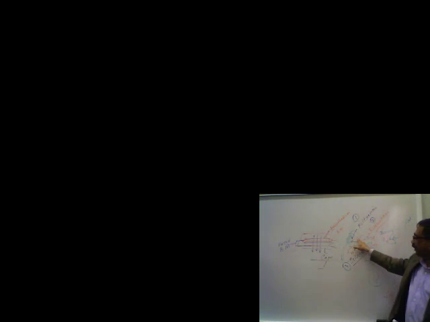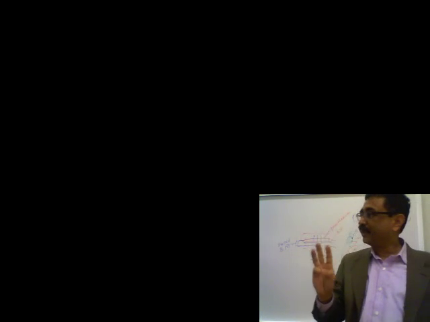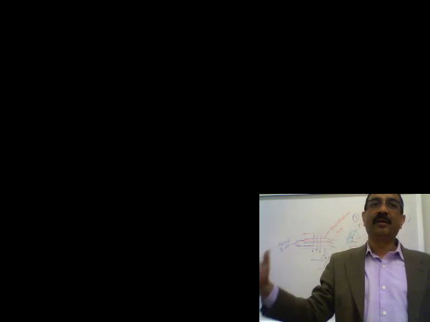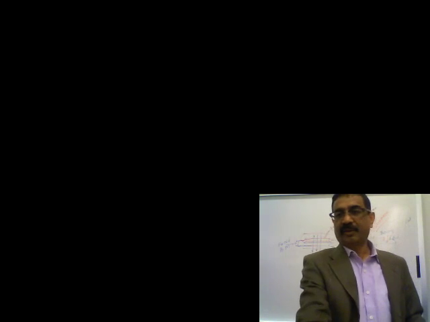So glomerular filtration, tubular reabsorption, tubular secretion. Those are the three processes of urine formation. And the amount varies depending on the need of your body. So let's stop here. Understand?